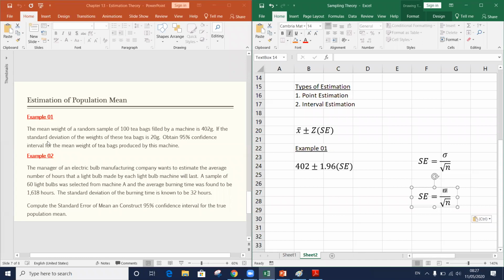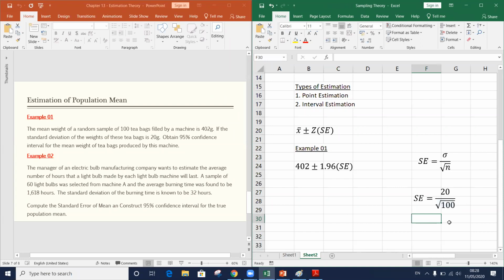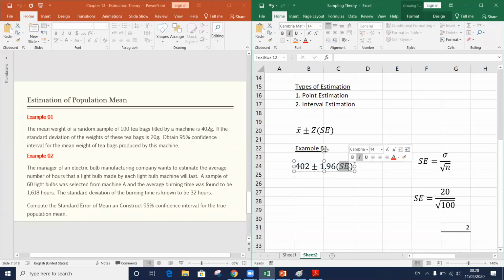What is the standard deviation value? The standard deviation of the weight of this tea bag is 20 grams, divided by square root of the sample size. Sample size is 100, so square root of 100. Now standard error of mean කියක් එනවද? What should be the value here? 20 divided by 10, the standard error of mean should be equal to 2.